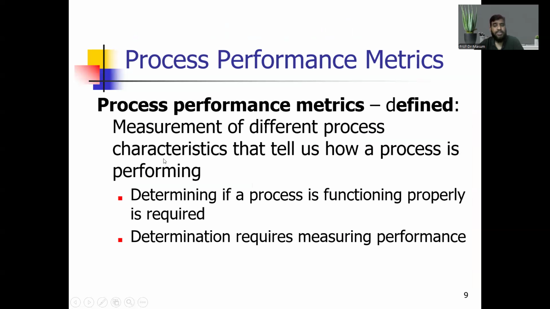Process performance metrics using throughput time are measurements of different process characteristics that tell us how a process is performing. Whether your process is better or your competitor's process is better, how will you say that? You will analyze the throughput time of both companies.